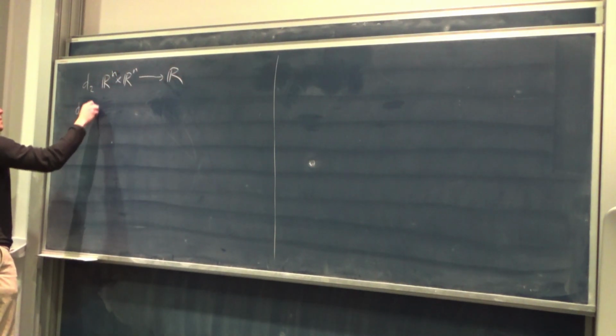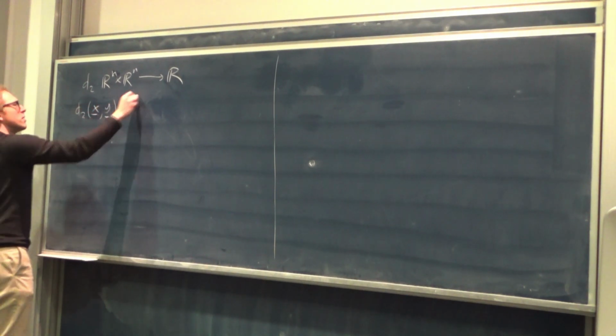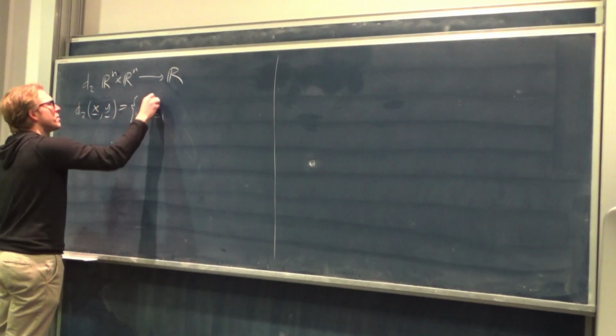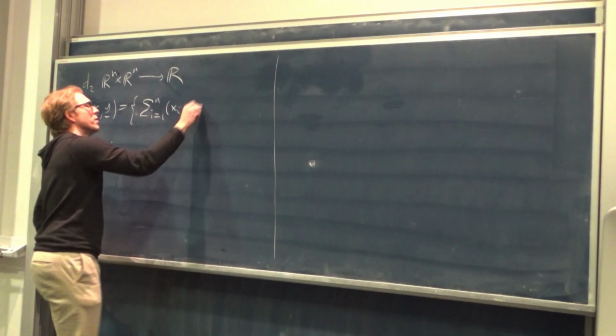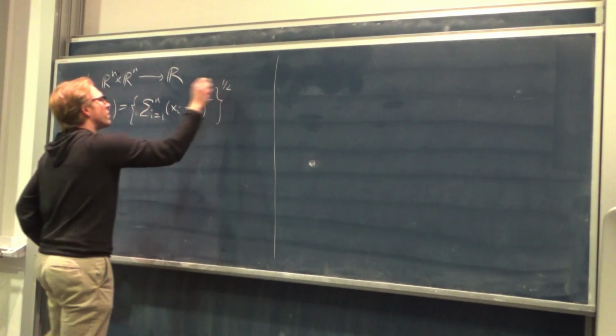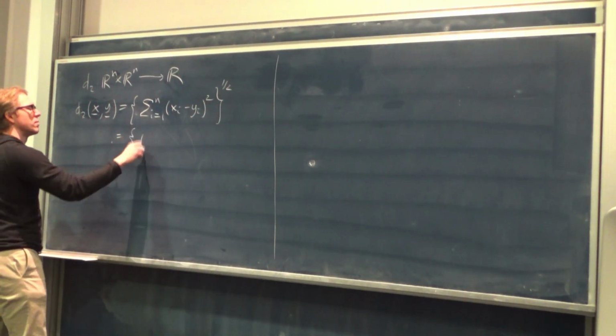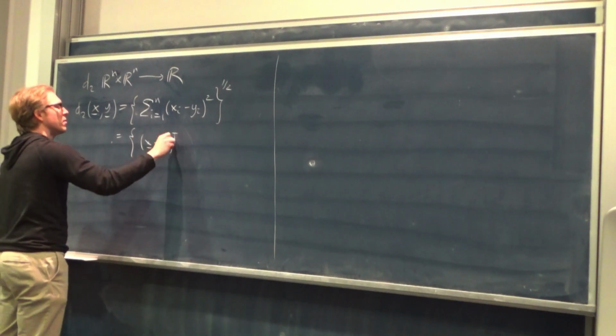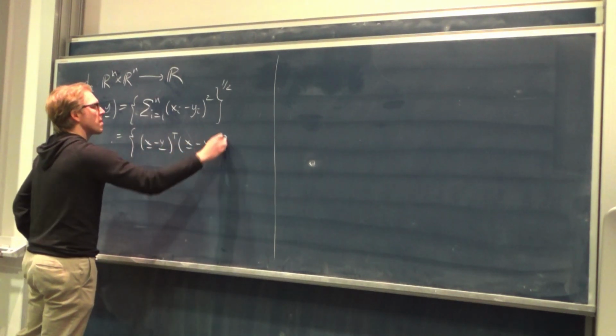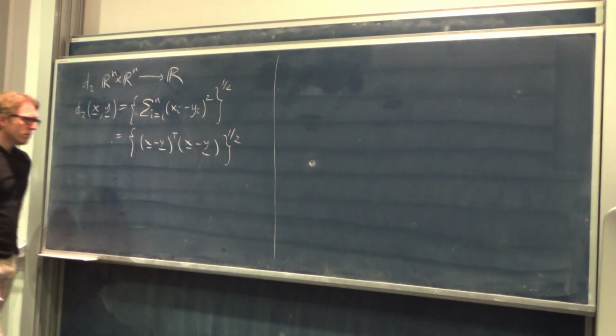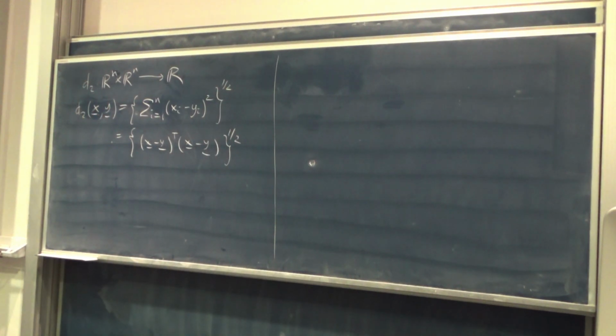D2 of x, y is the square root of the sum over i of (xi minus yi) squared. Okay, so that's the usual Euclidean distance. There's a 2 there because there's squares and a square root.